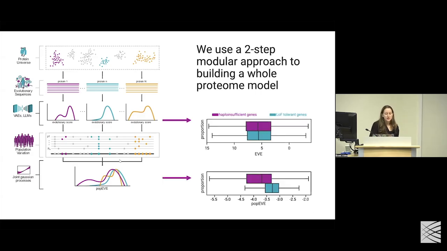So in this case, we see on the top our original Eve model, which had no population data, and it's a little bit confused about how to score the haploinsufficient genes versus the loss of function tolerant genes. And then we see once we train a new model with PopEve, ignore the actual numerics on the x-axis there.